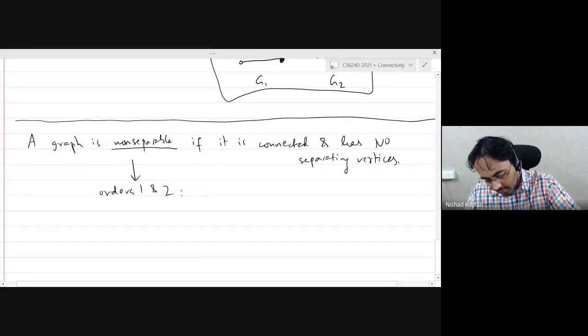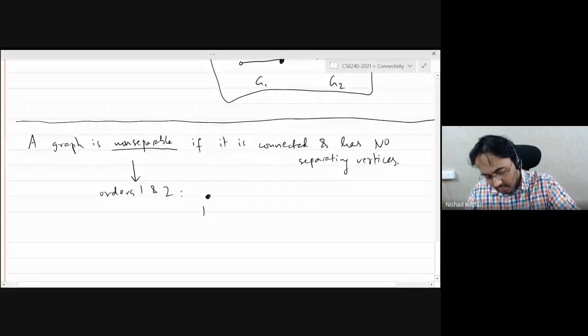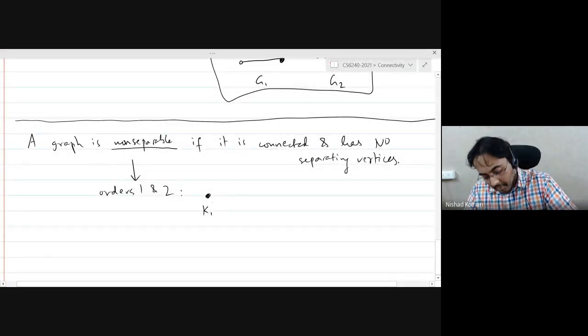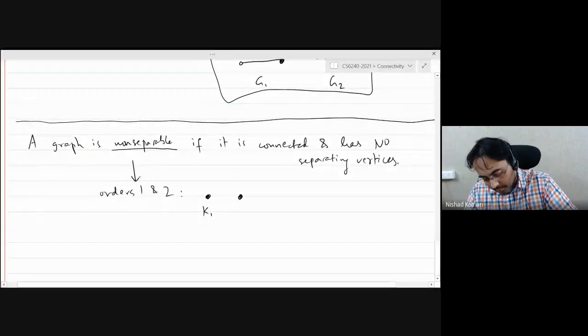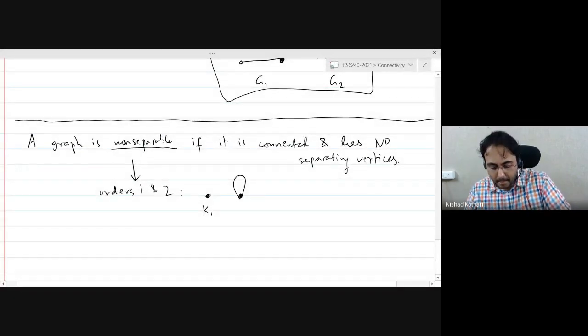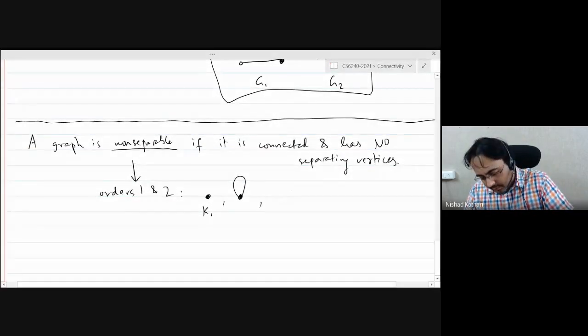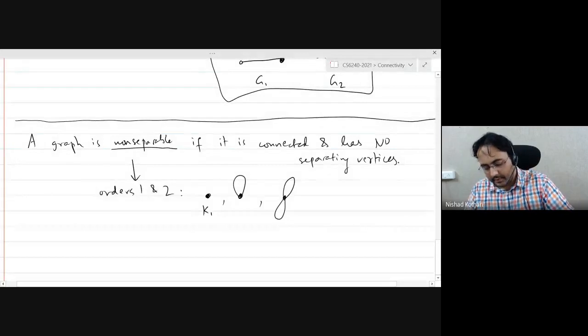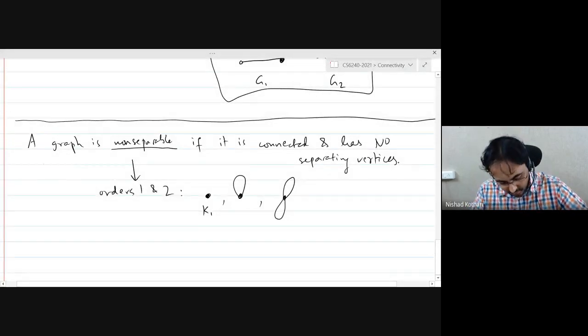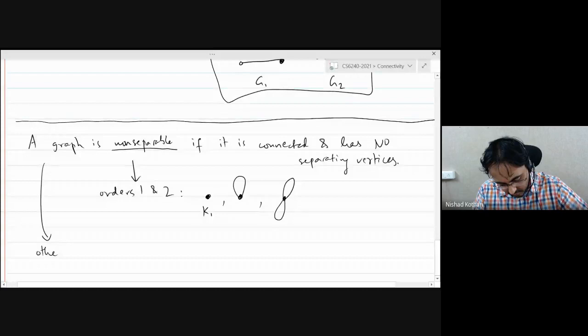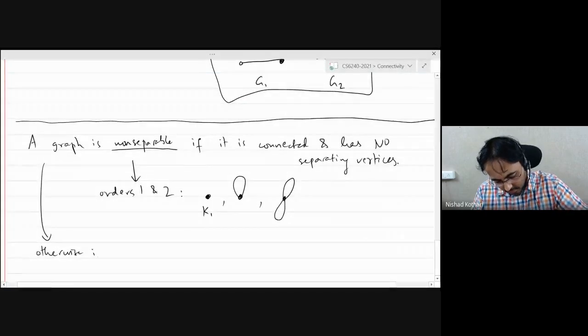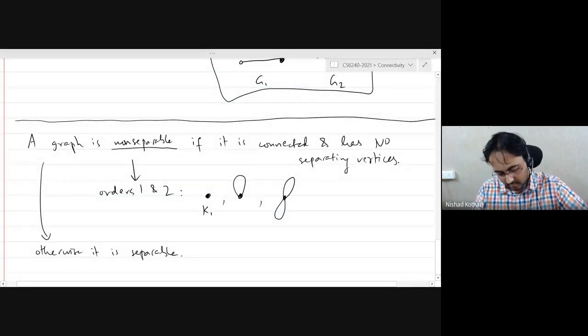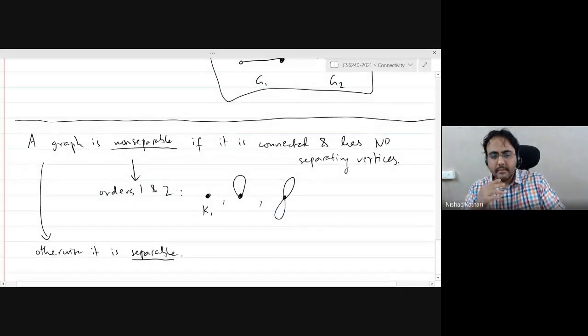So order 1, you could have a single vertex, K1. You could have K1 with a loop. What about two loops? Is this a non-separable graph or is this a separable graph? Separable, thank you.